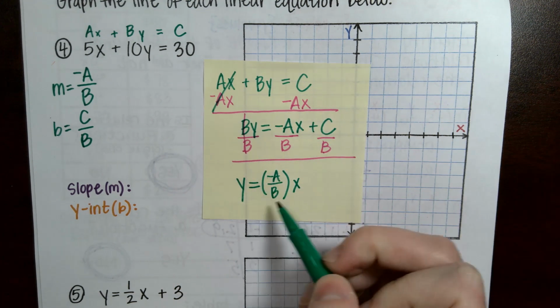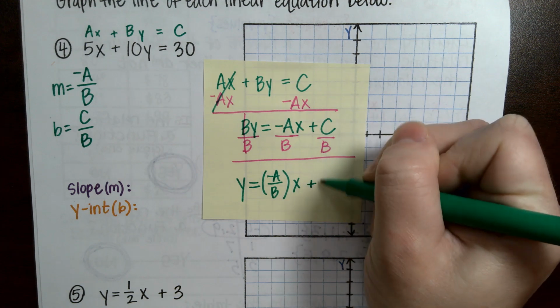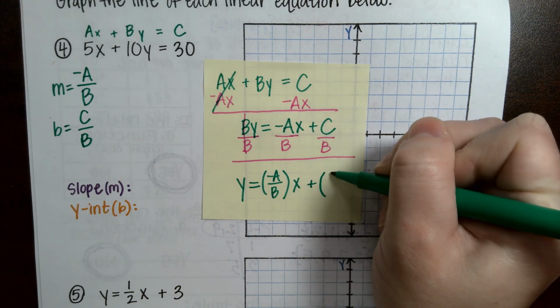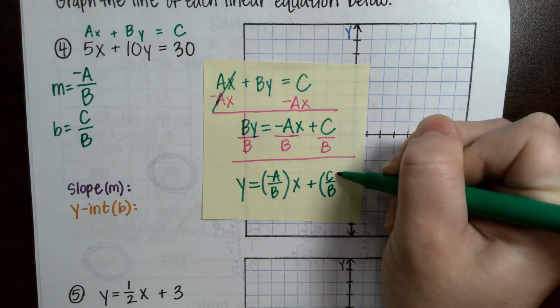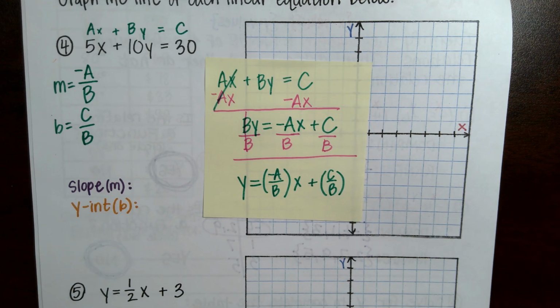So that's our m. That's how we got that. Plus our little b, which ends up being C over B. You guys see that? Yep. I think it's kind of cool how we're able to do that. So yeah, that's where it comes from.